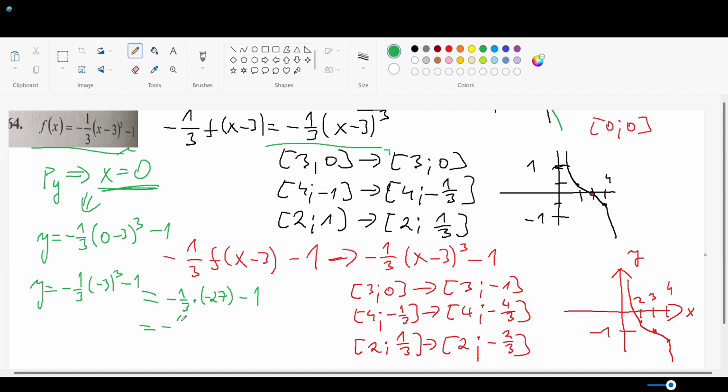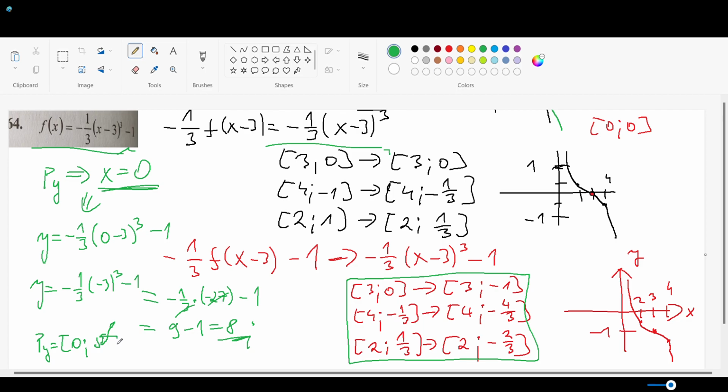We can simplify it here. Negative and negative would be a positive number. 3 and 27 would lead us to positive 9, take away 1 is equal to 8. So we can draw the chart very properly with these 3 points plus the intercept of the y-axis, which is the point with the coordinates 0 and 8.